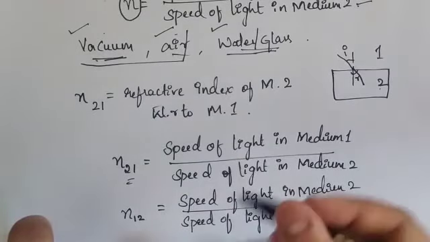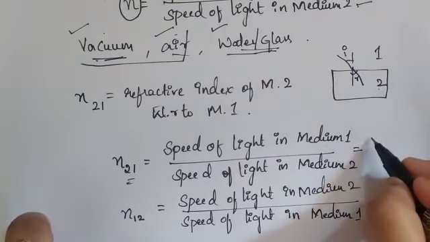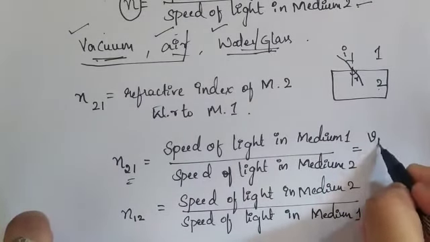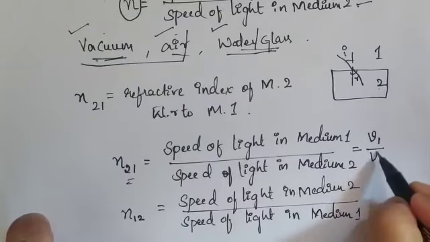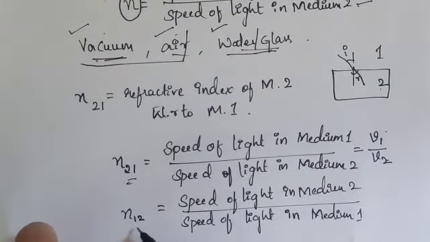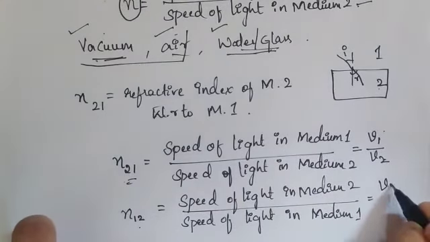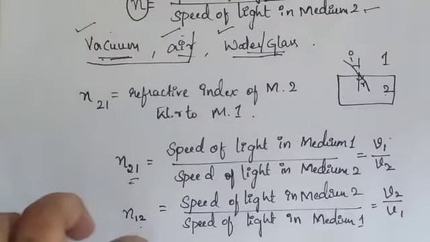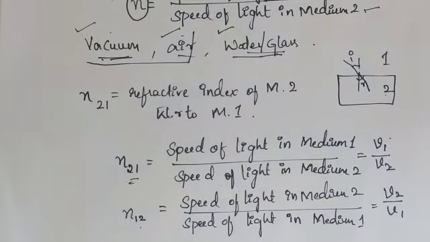Denoting speed of light as V, n21 equals V1 by V2 and n12 equals V2 by V1. So we can conclude that refractive index directly depends upon the speed of light, whether the medium is vacuum, air, water or glass.